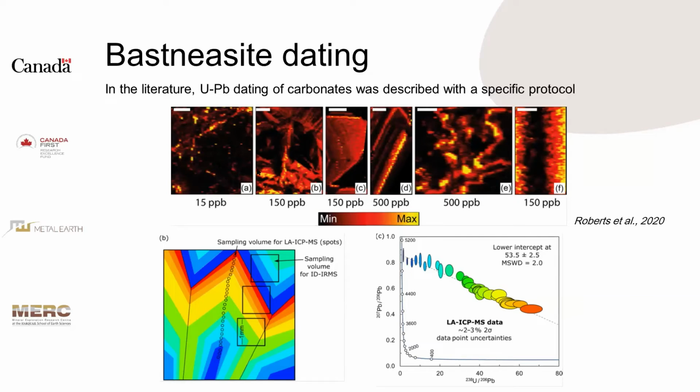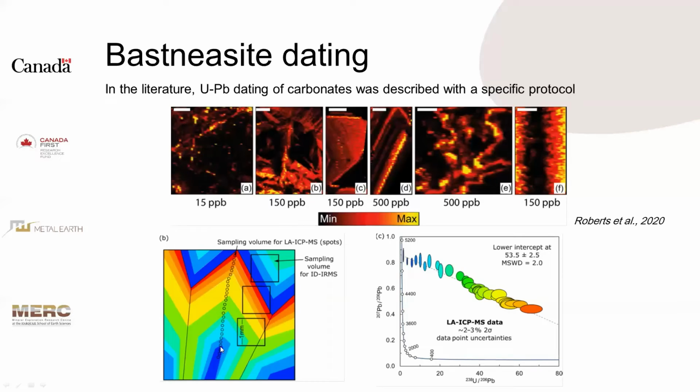Here you can see different pictures that they've shown in their paper. These are maps of uranium. And you can see that in different types of carbonates, you have a lot of variation, from 1 to 3 orders of magnitude difference in a crystal. So that's very big. And so they defined a specific protocol to be able to date carbonates even if we have this variation. And the protocol is to look at a crystal like this one.